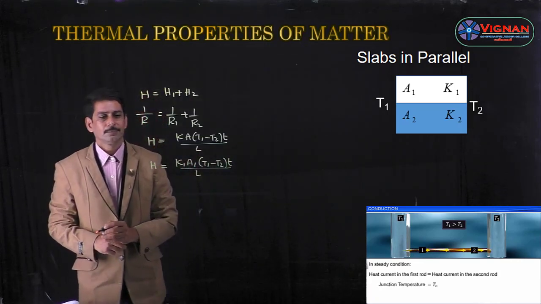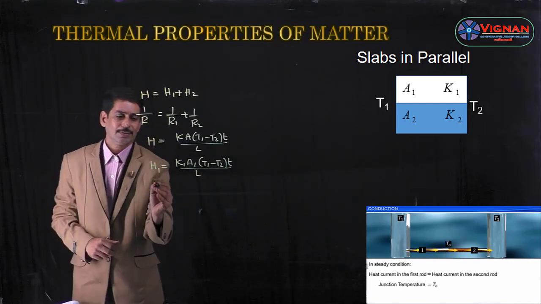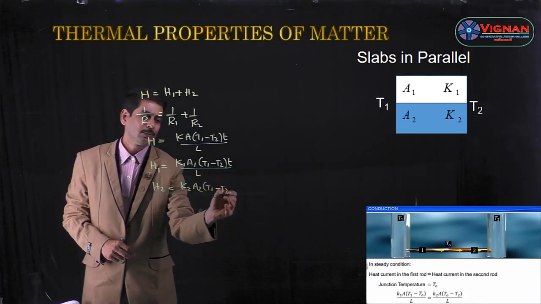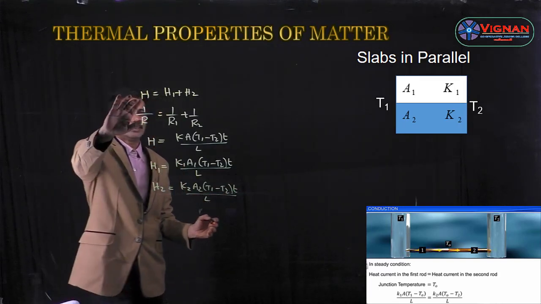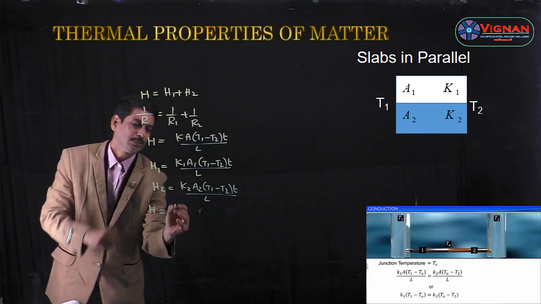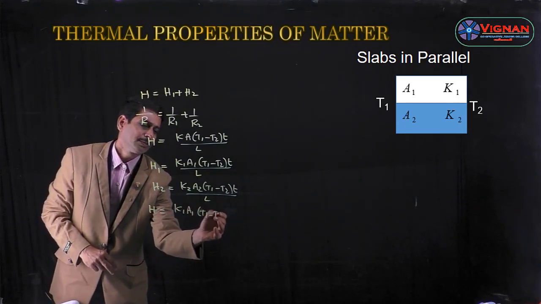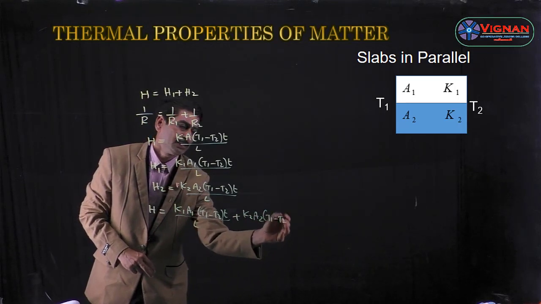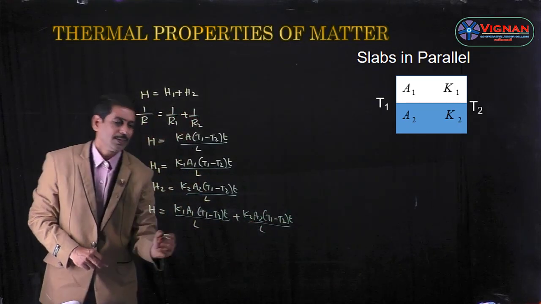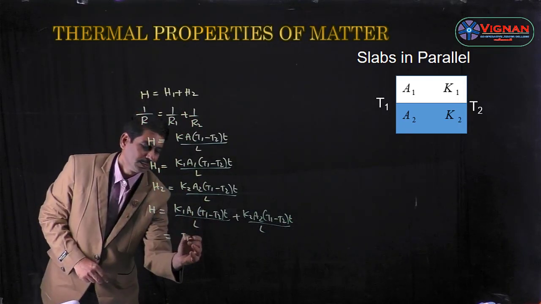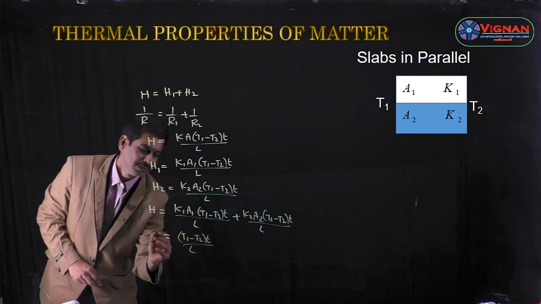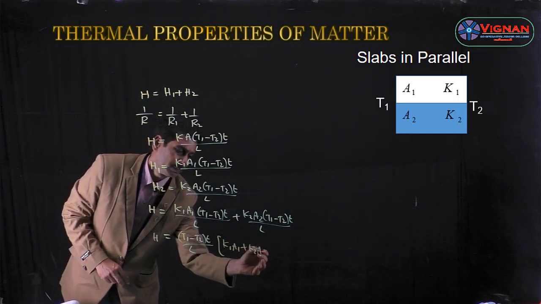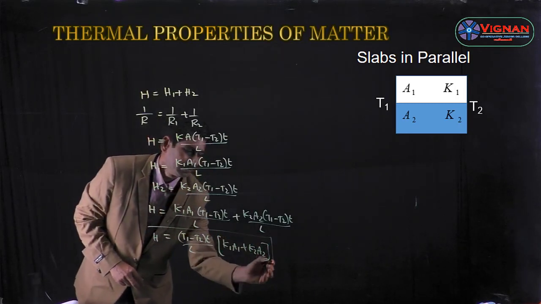For the second slab, H2 is K2 A2 (T1 minus T2) into t by L. And we know H is H1 plus H2, so H is K1 A1 (T1 minus T2) into t by L plus K2 A2 (T1 minus T2) into t by L. Taking (T1 minus T2) into t by L as common, we get K1 A1 plus K2 A2.